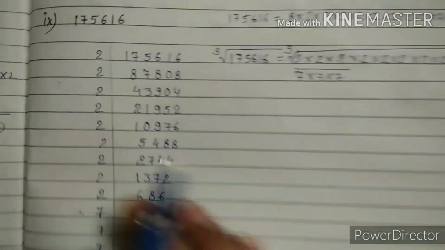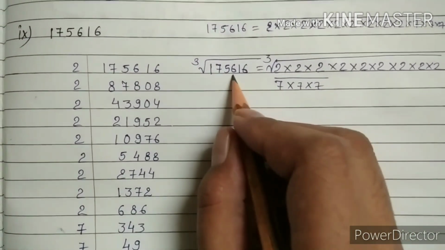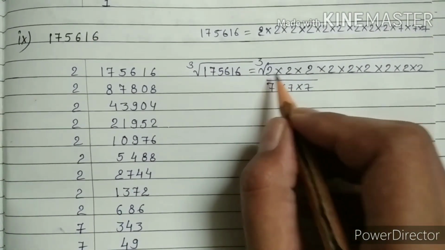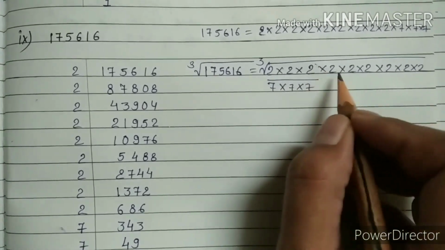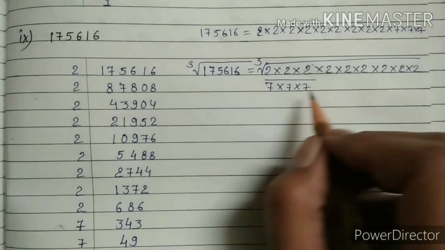Now the 9th number question is 1,75,616. Its prime factors are 2 nine times and 7 three times.